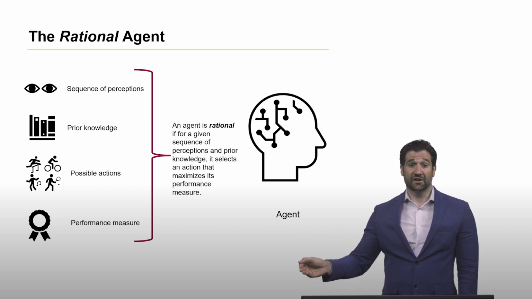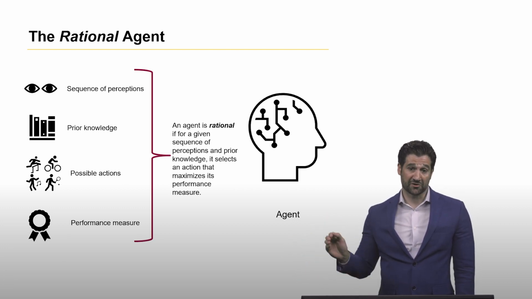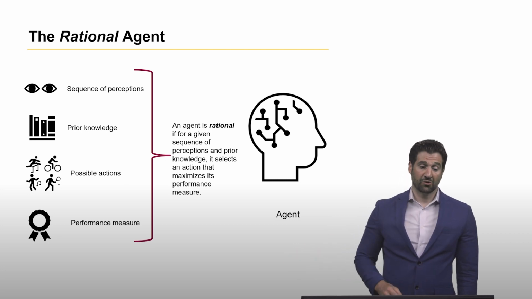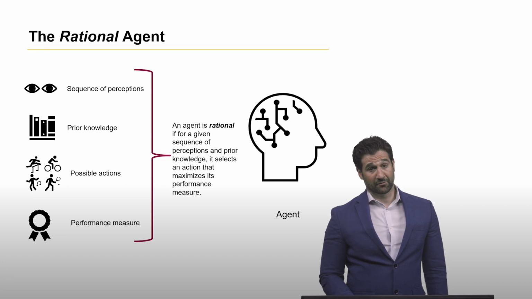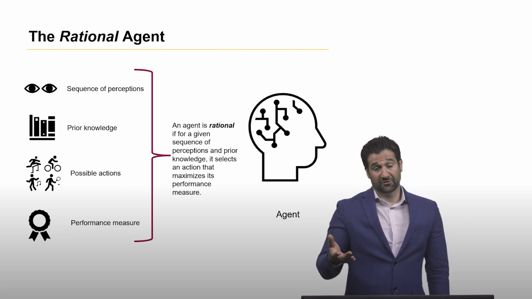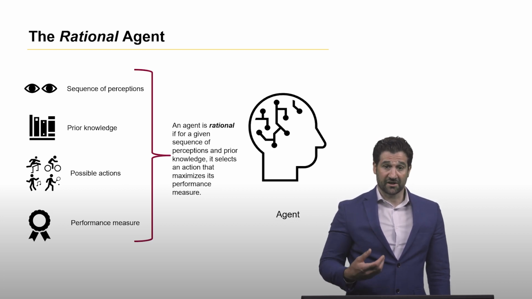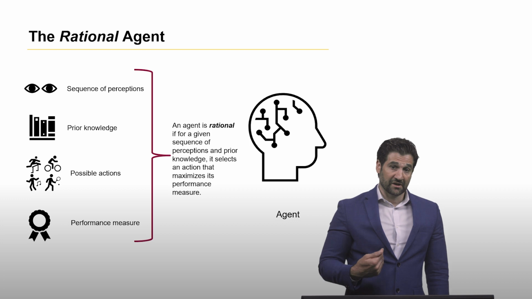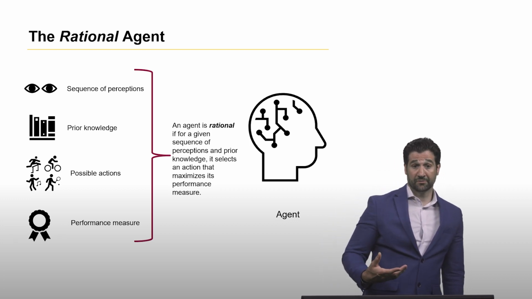He's going to select a pitch that maximizes his performance measure, which is trying to win the game and avoid having that batter hit the ball. In a sports game like that, the agent is going to take an action that is rational, and rationality is defined with respect to these four items.